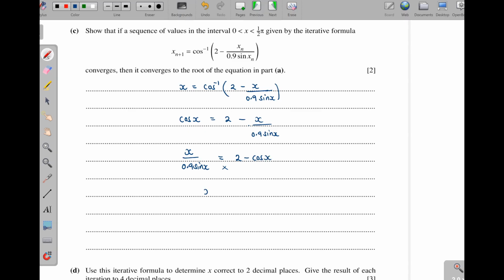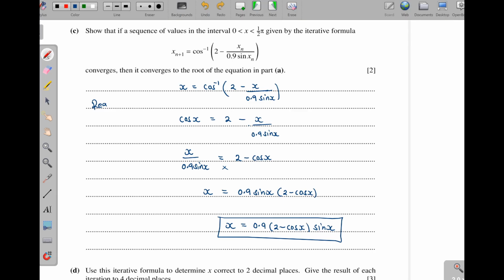Then when you cross multiply, your x is going to be 0.9 sine of x times 2 minus the cosine of x. Isn't this what we had at first, when we were given 0.9 times 2 minus the cosine of x, and then the sine was put this other side? So this is exactly what is there. So you just rearrange. Rearranging gives us that.